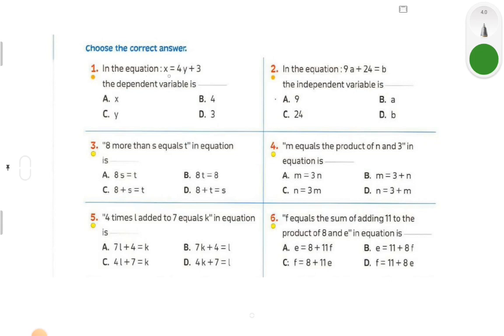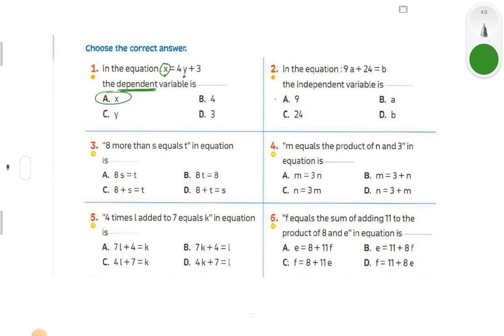In this equation, x equals 4y plus 3, the dependent variable is, which one is dependent? Of course, x depends on y. That's right. So x is the dependent and y is the independent. So he asked us about the dependent, it is x.